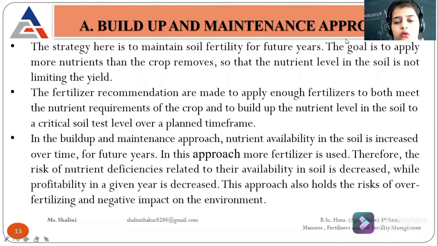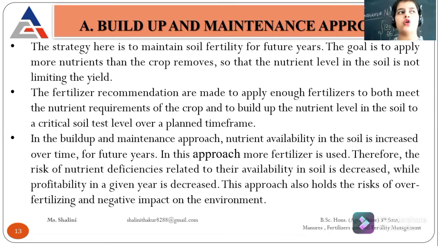You all know that the main goal is to provide more nutrients to the crop plant and to maintain the nutrient level in the soil, so that our yield does not fluctuate. So we have to get the optimum yield. Second, the fertilizer recommendation is made to apply enough fertilizer both to meet the nutrient requirement of the crop and to build up the nutrient level in the soil.